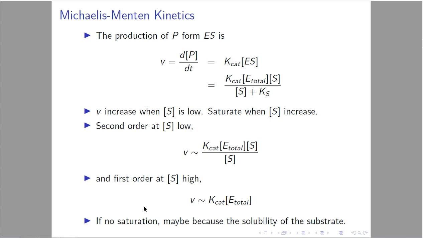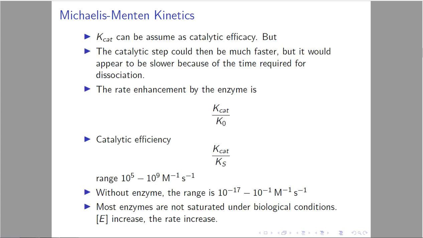If S is high, there is no saturation because of the solubility of the substrate; some of the substrate does not dissolve in that solvent. So Kcat, the constant, can be used as catalytic efficiency.